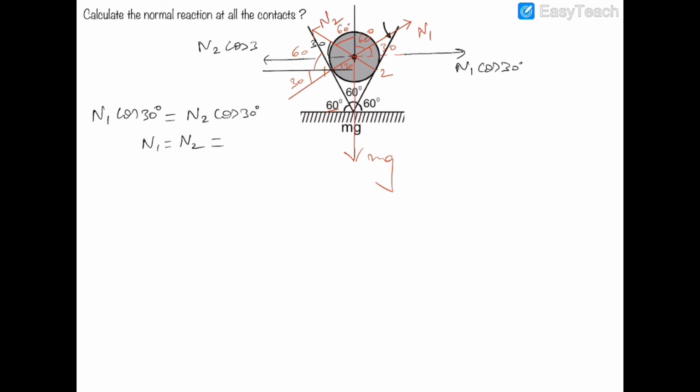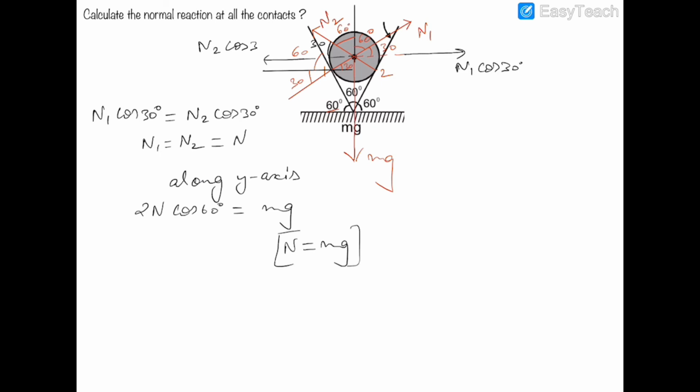Let us suppose this is N. So if we balance the forces along the y-axis, then 2N cos 60 will be balancing out mg, and cos 60, as we all know, is half, so N will be equal to mg. So as simple as that, these normal reactions N1 and N2 are equal to mg.